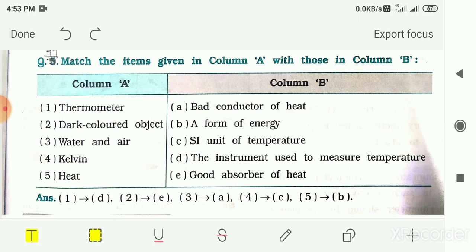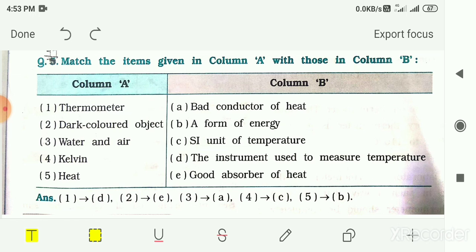And thermometer is a device which is used for measuring temperature. Then we had seen different kinds of thermometer. Clinical thermometer is used to measure our body temperature, and the range for this kind of thermometer is from 35 degrees Celsius to 42 degrees Celsius.